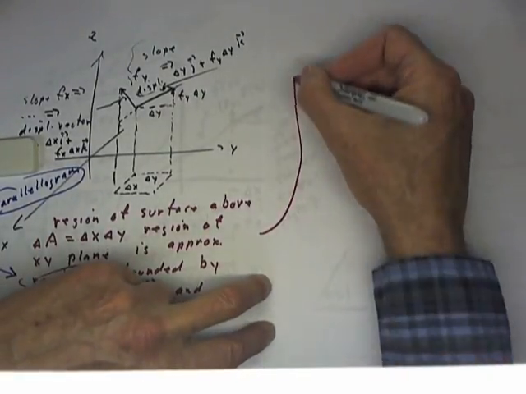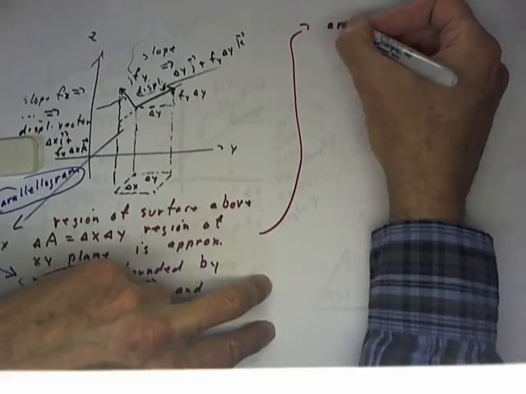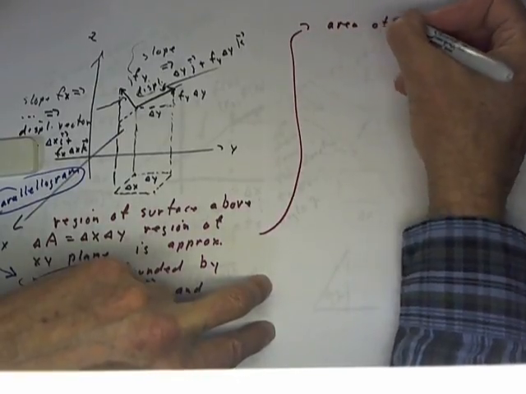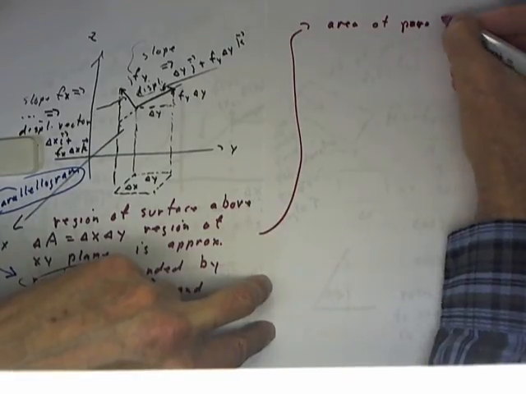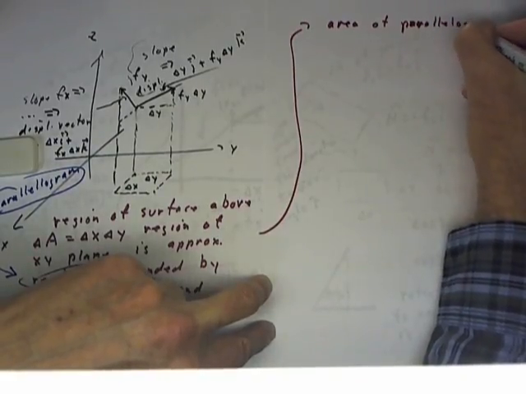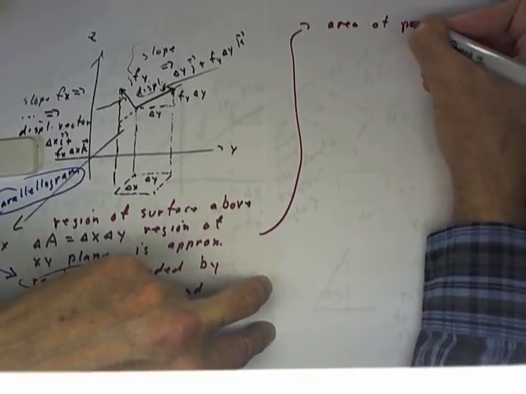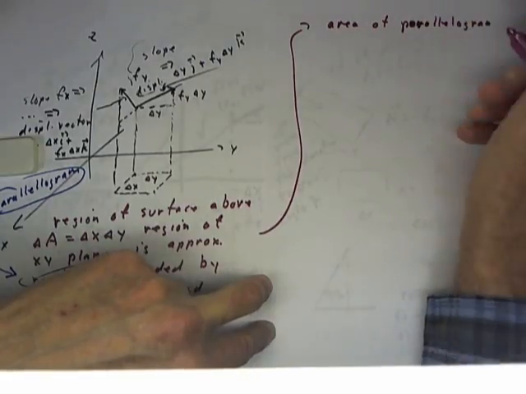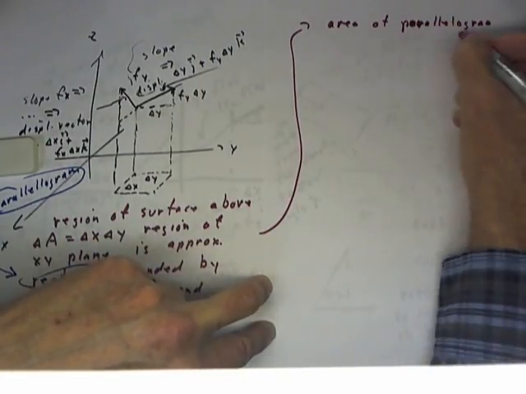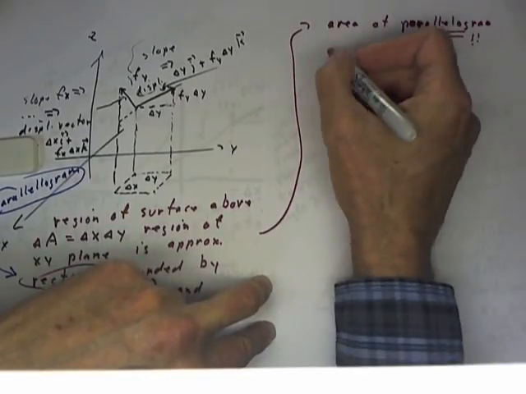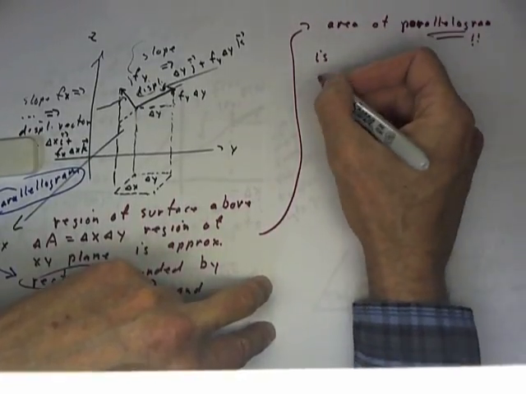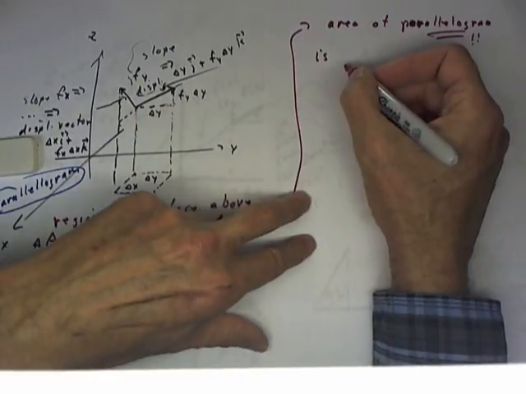So the area of the parallelogram is the cross product of these two vectors.